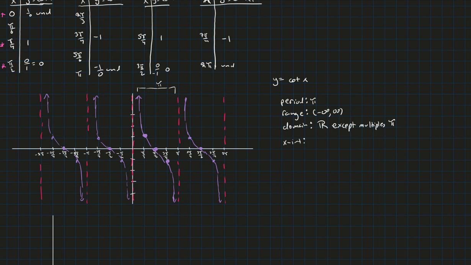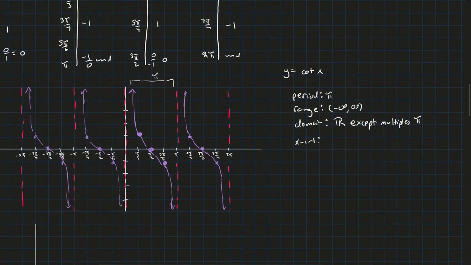X-intercept right here, halfway between vertical asymptotes.